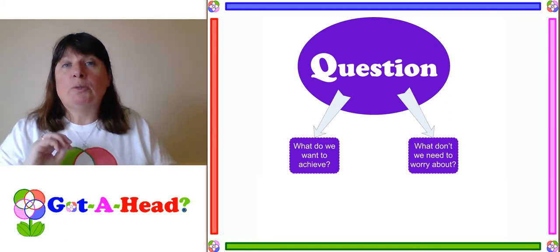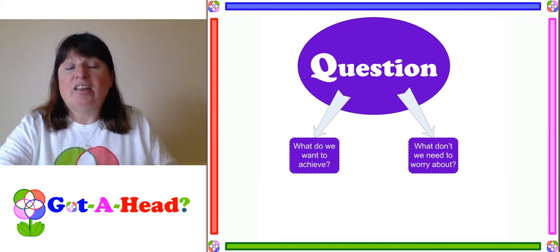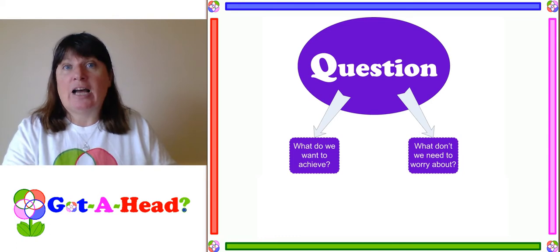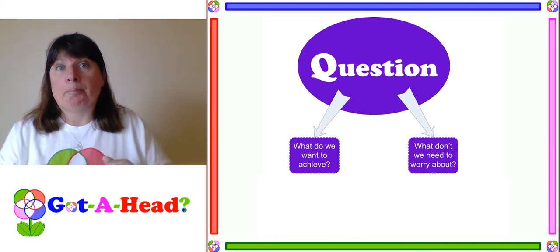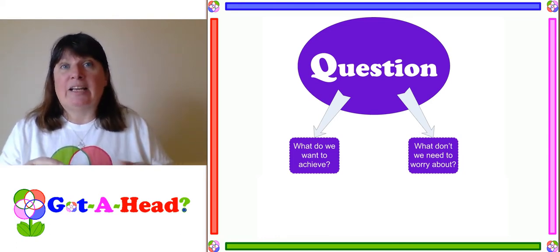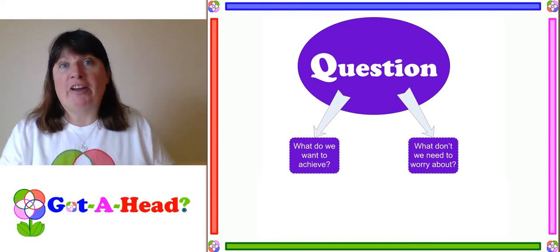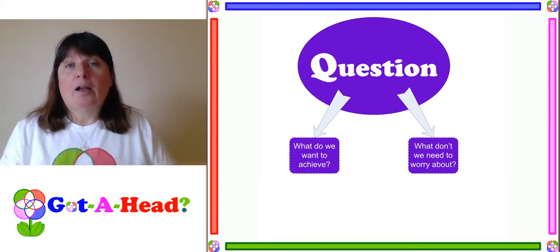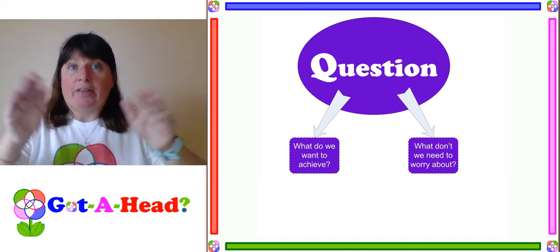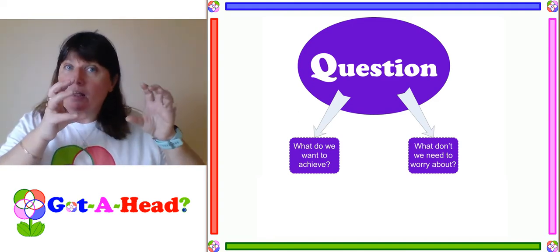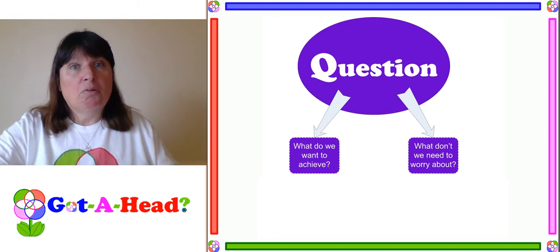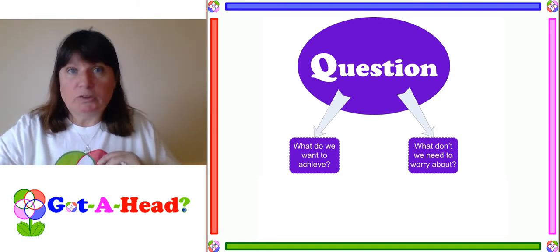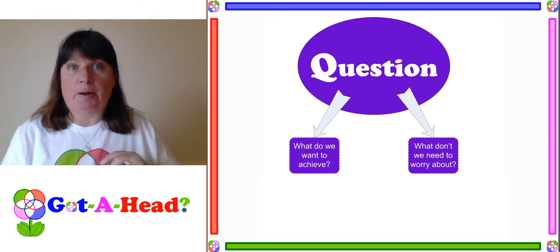So you don't want to bother thinking about things that aren't necessary for your task. So in our example, we didn't need to think about having scale figures sitting in the cafe, eating and drinking. It was all about the cafe scene and the materials. Characters were non-essential. We didn't need to think about that.